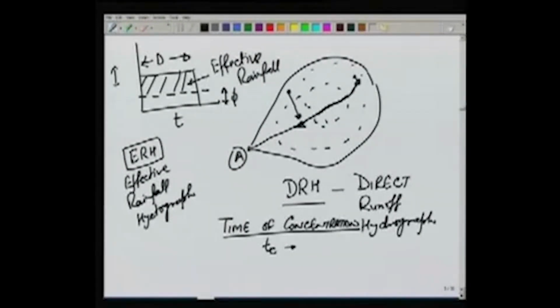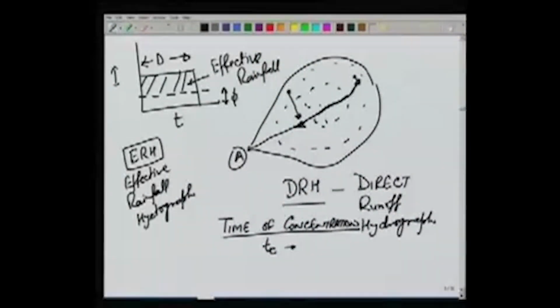Typically the velocity in the stream is much higher than the velocity over land. So what we say that overland flow typically moves at a smaller velocity compared to the stream flow.